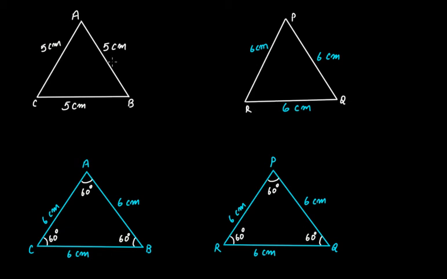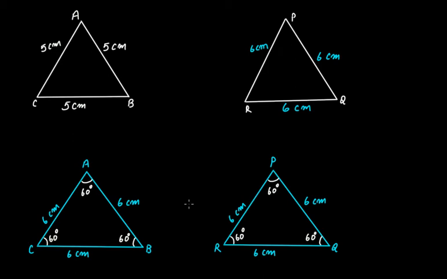Therefore, these two triangles are not of the same size and shape, that is, they are not congruent. What about this pair? In this triangle ABC and PQR, all the sides are 6 cm. Since the sides are 6 cm each, both triangles are equilateral, and yes, they are of the same size and shape. Therefore, these two are congruent.